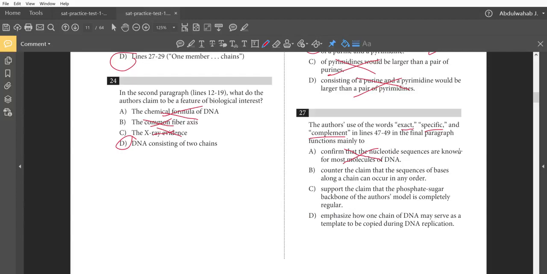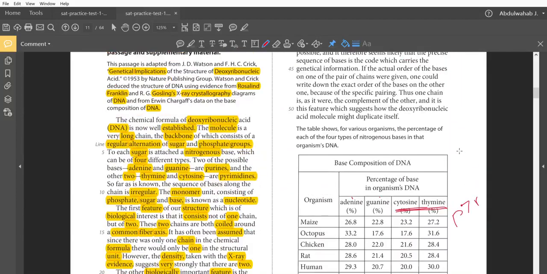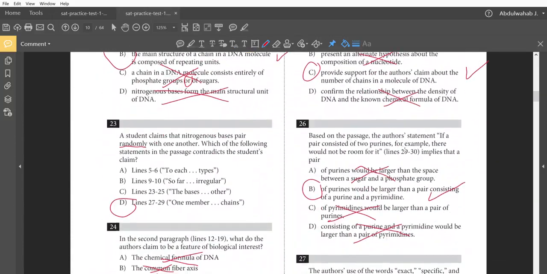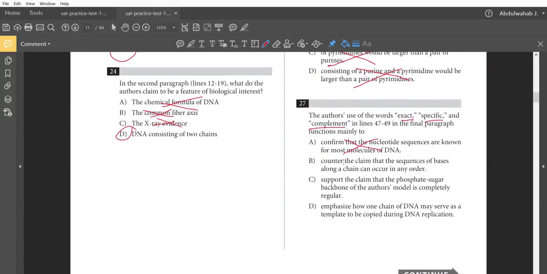The text says since we know the exact specific pairing, or the pattern of pairing, which is adenine and thymine and guanine and cytosine, then if we have one chain, we could immediately deduce what's on the other chain. And this, of course, tells us about how the DNA might duplicate itself. This is the information suggested by the passage.